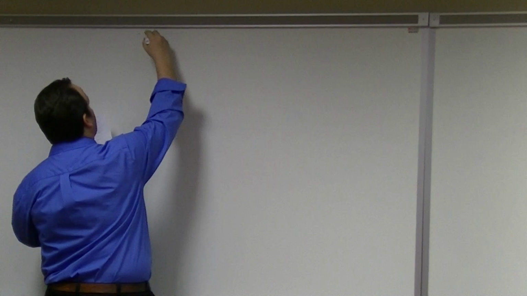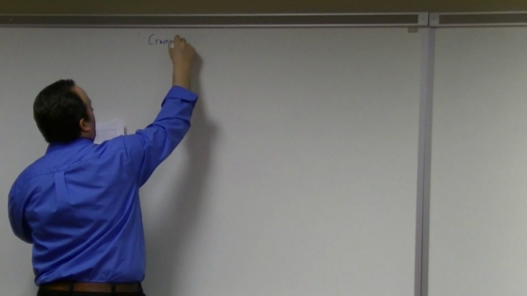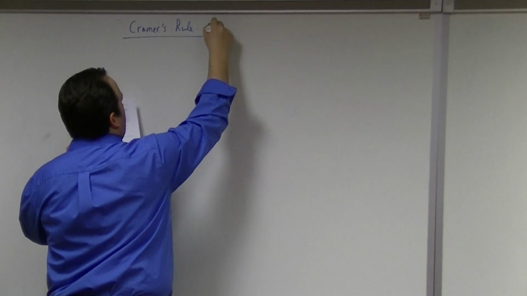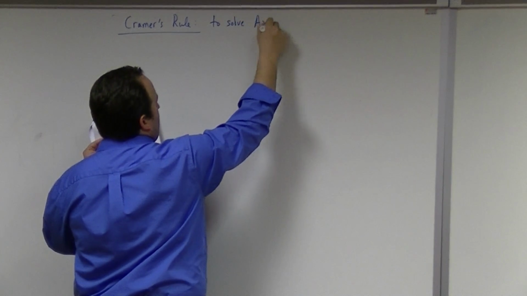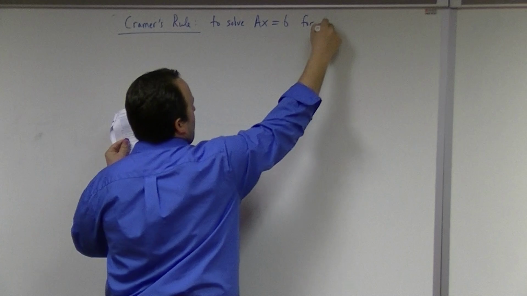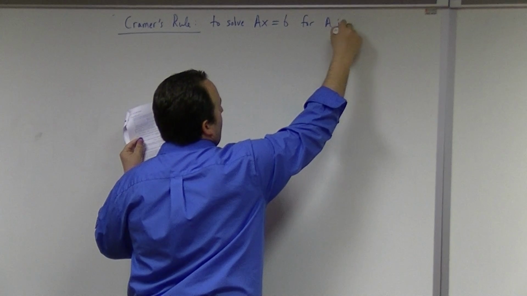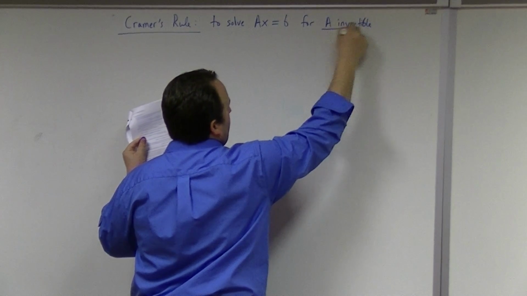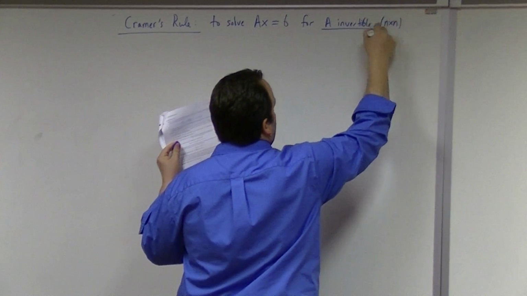Here's Cramer's Rule. So Cramer's Rule says the following. To solve, we're trying to solve AX equals B for A invertible, and it's an n by n matrix, okay?